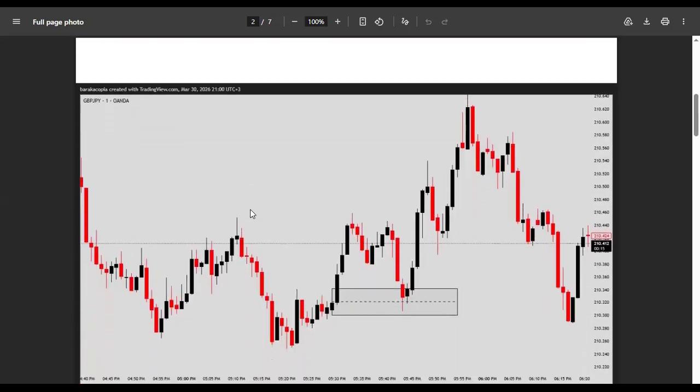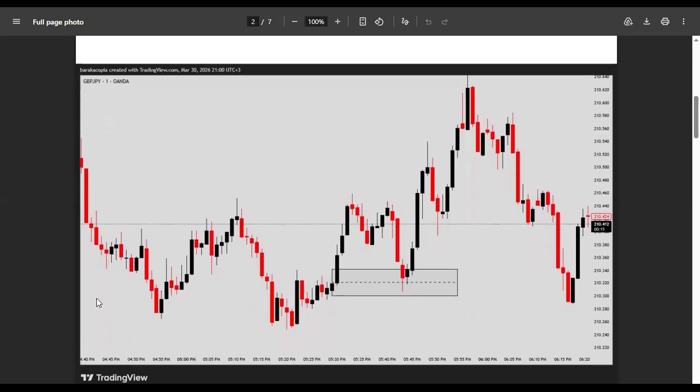We get this one. So this gap below here, we had our break of structure above, although it was not a clean break. It was a weak break. And you know, when we have a weak break, we either have a retracement or a complete reversal. So in this case, we had the retracement move, right?